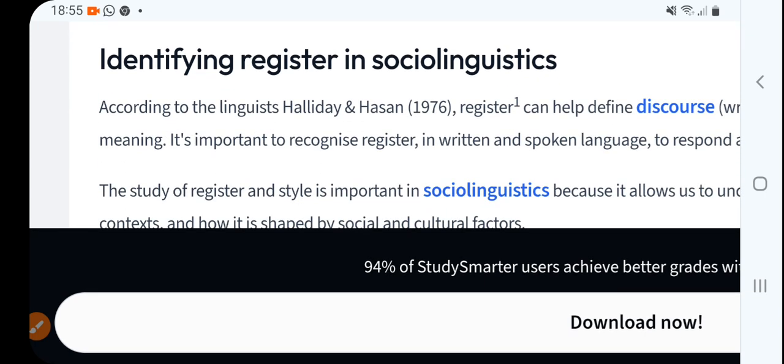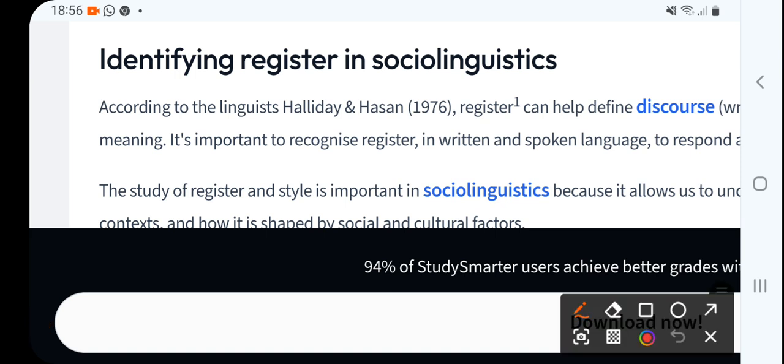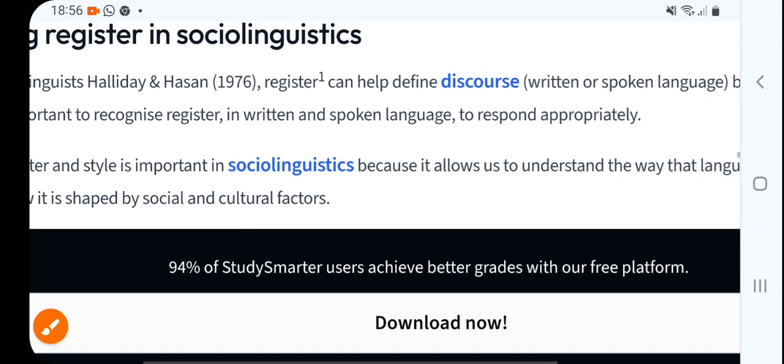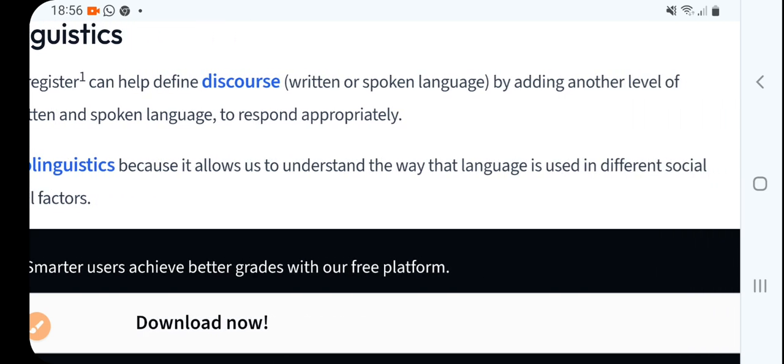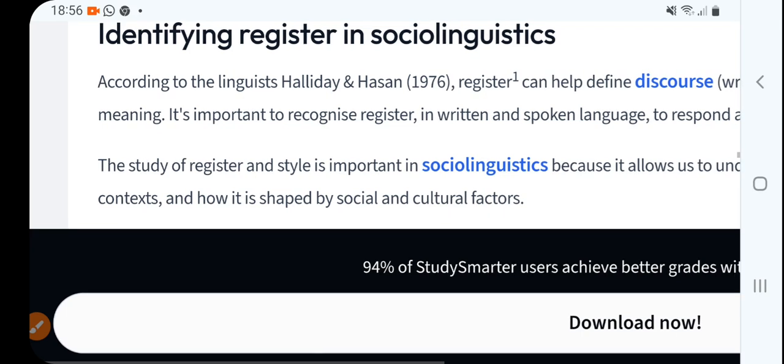Identifying register in sociolinguistics. According to linguists Halliday and Hasan, register can help define discourse, written or spoken language, by adding another level of meaning.